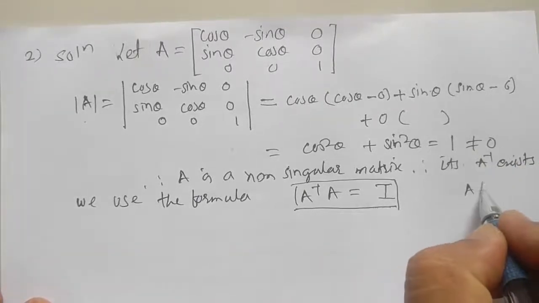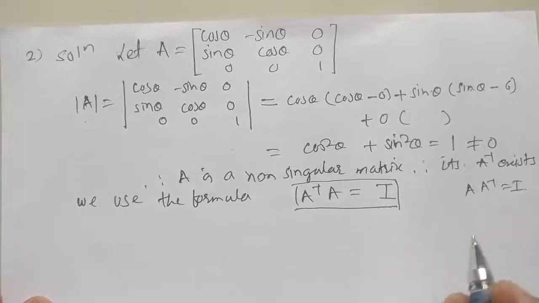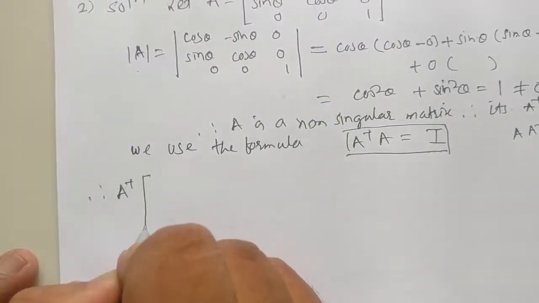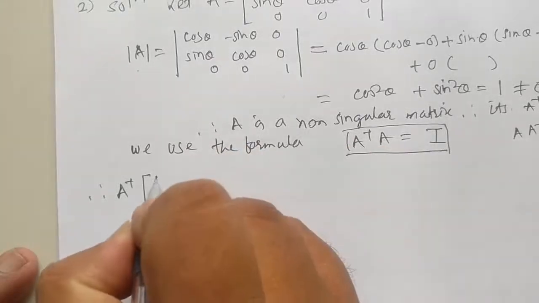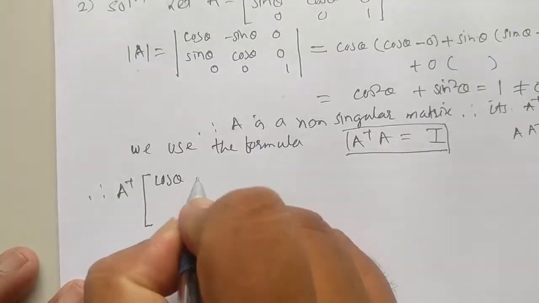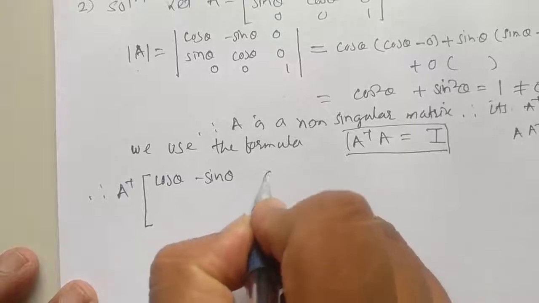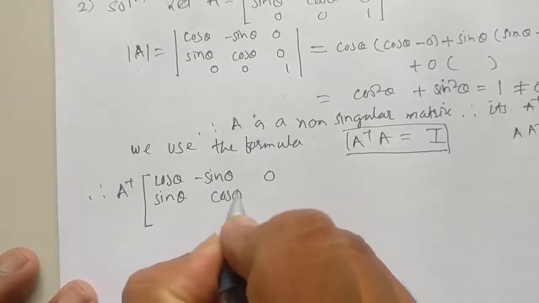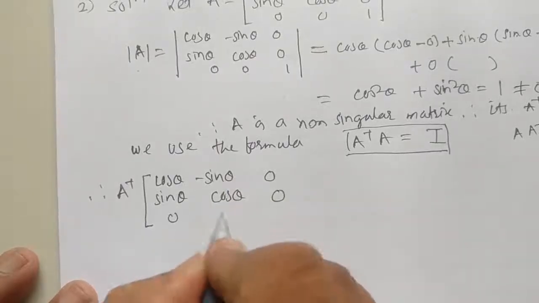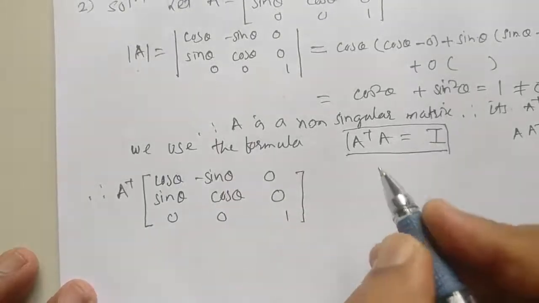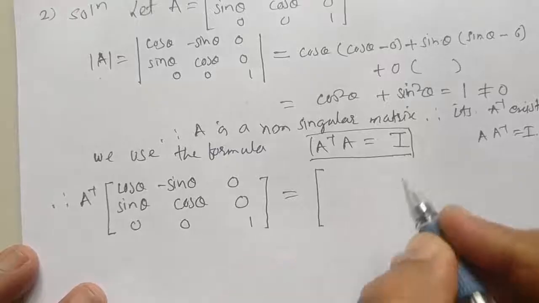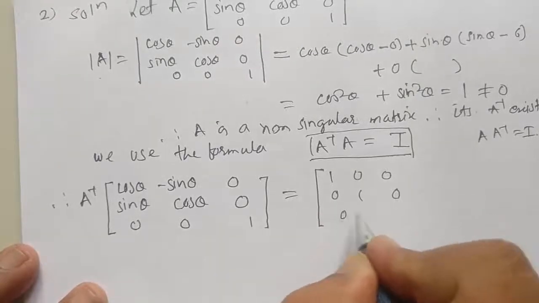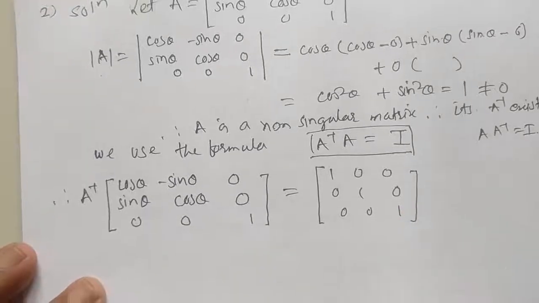For row transformation, A into A inverse is equal to I. Therefore, A inverse, A is the given matrix cos theta, minus sin theta, 0, sin theta, cos theta, 0, 0, 0, 1 is equal to I, the identity matrix 1, 0, 0, 0, 1, 0, 0, 0, 1. This is an identity matrix.